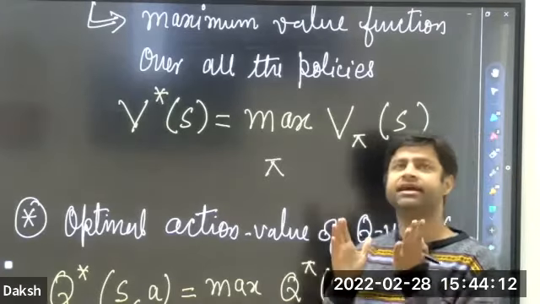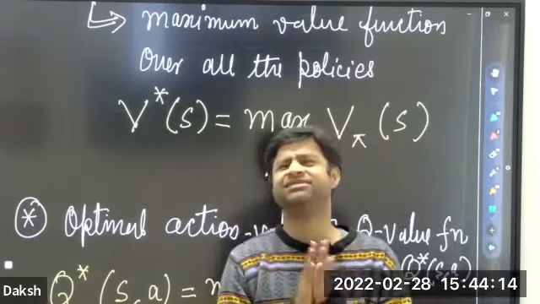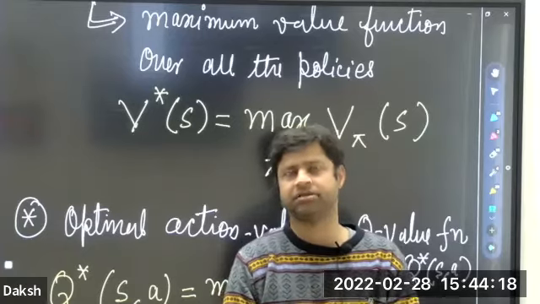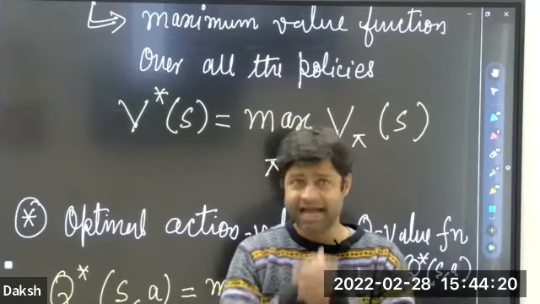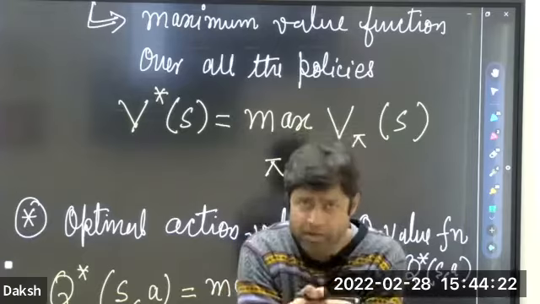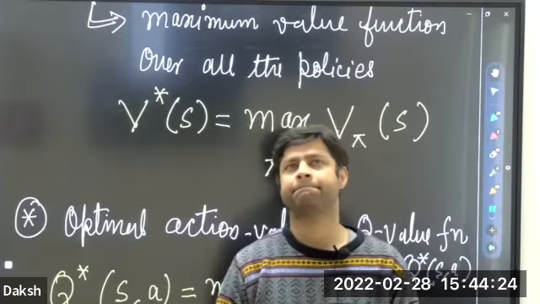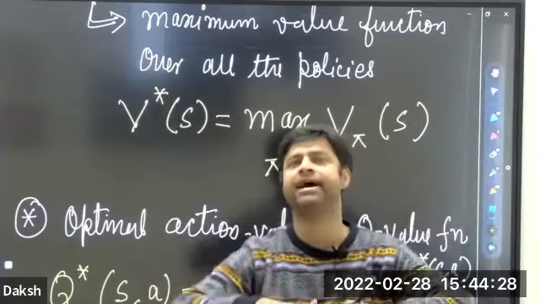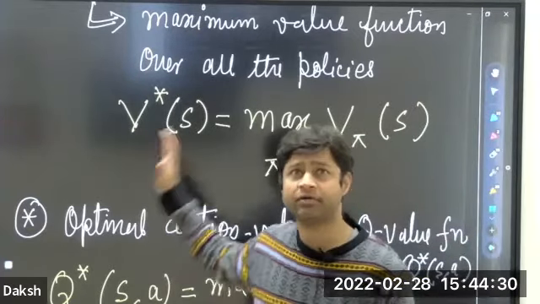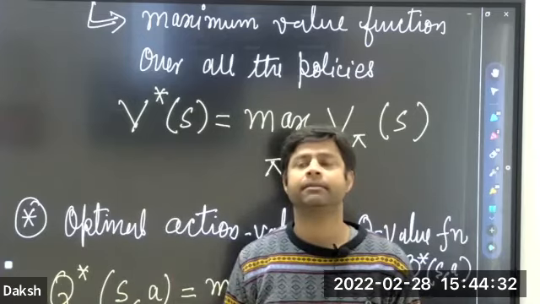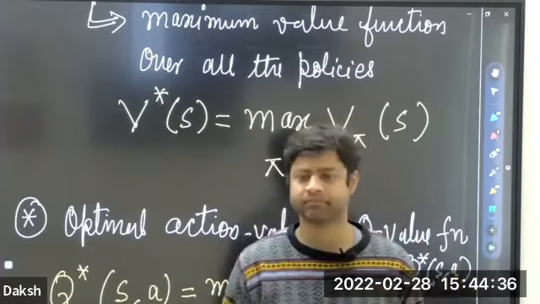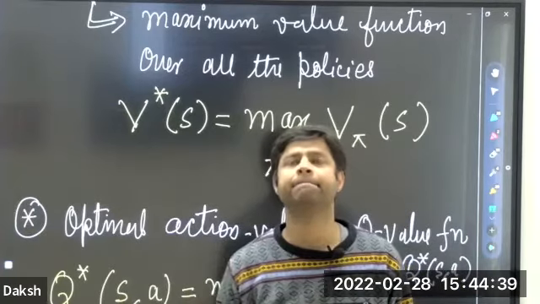You are at a state. You are saying, hey, this state is very bad. Why? Right now, Ukraine is in a very bad condition. But that is with respect to their current policy pi. It is not the case that every time Ukraine will be in a bad position, bad value function. You tell me pi, with respect to this pi, this state is bad.